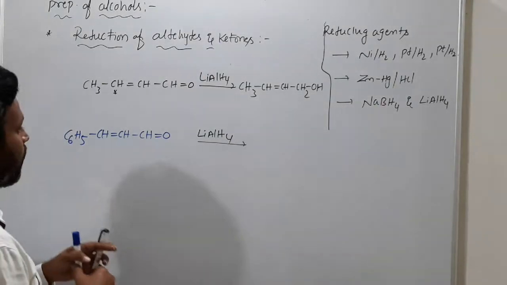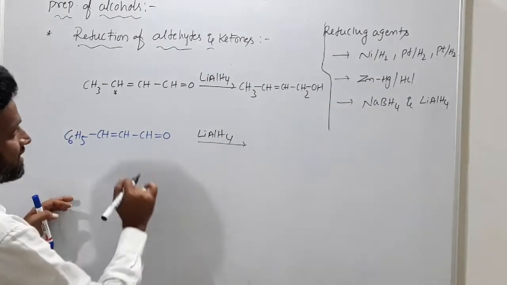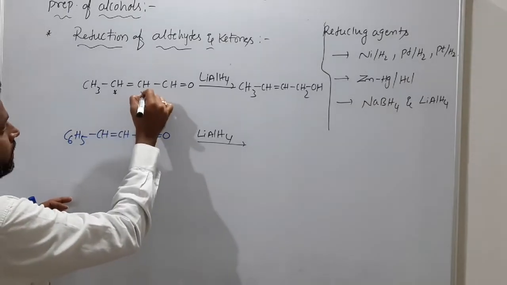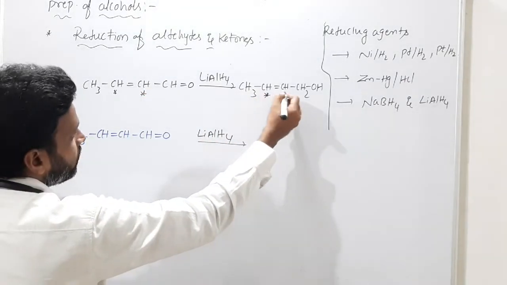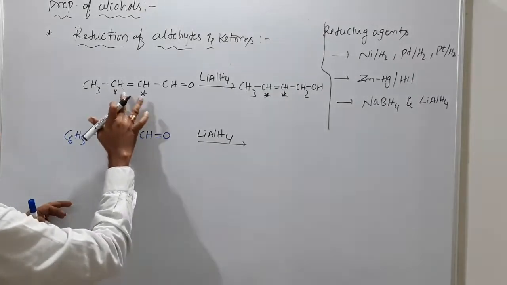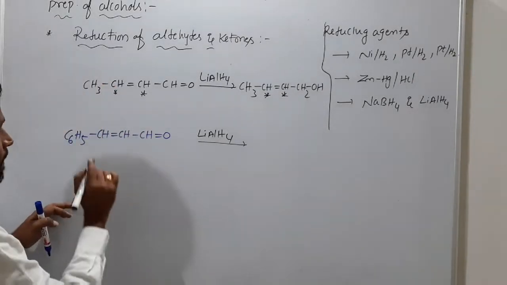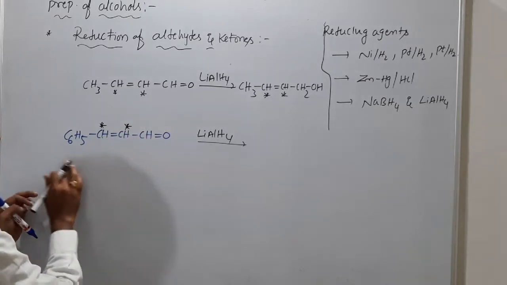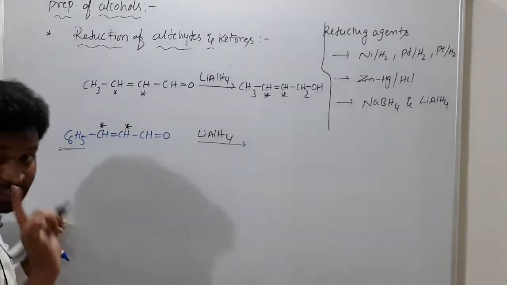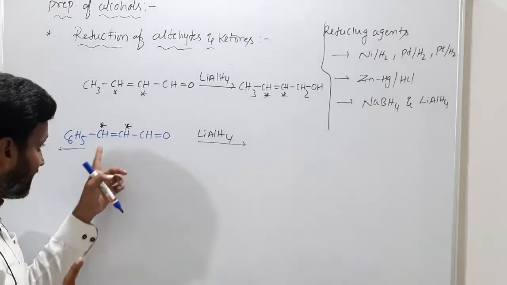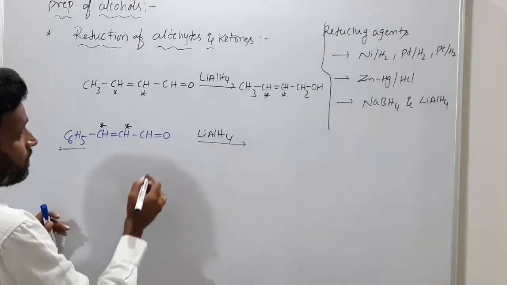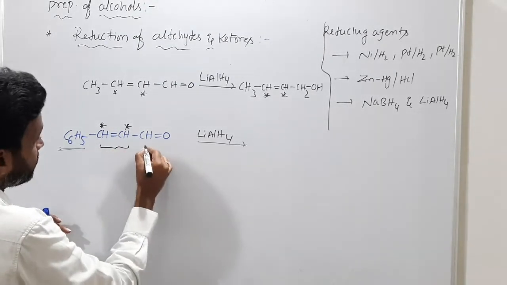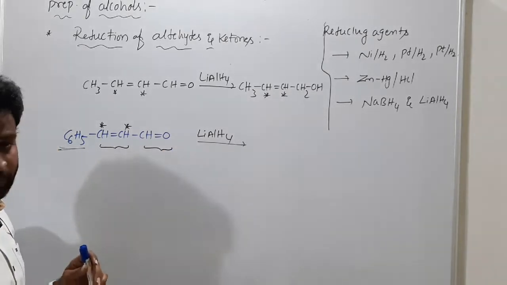Now what happens? See the difference, an interesting thing. Here, the C double bond C was not reduced because these double bonded carbons don't have phenyl. But if this CH double bonded carbon has phenyl, because reactivity increases, then this will undergo reduction and this will undergo reduction.